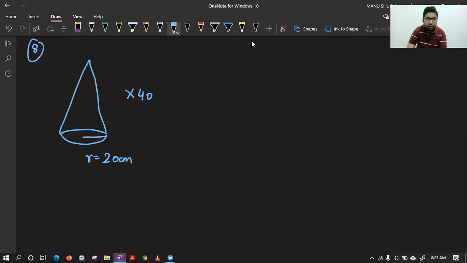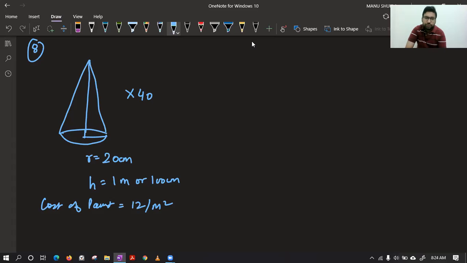Height 1 meter. Let me make it 100 centimeter. So height is given to us as 1 meter or 100 centimeter. If the outer side of each cone is to be painted, and the cost of painting is 12 per meter square. So the cost of paint is equal to 12 per meter square.